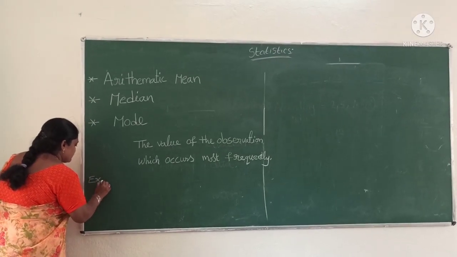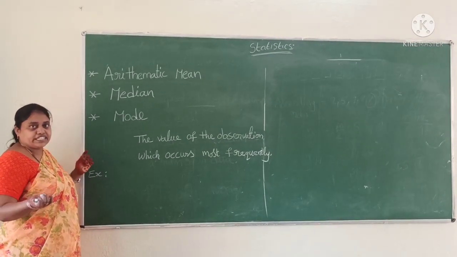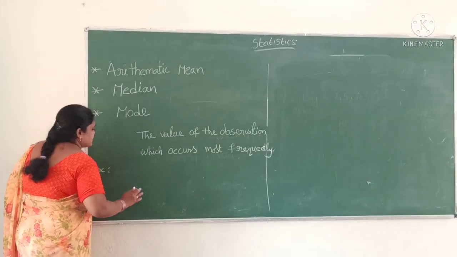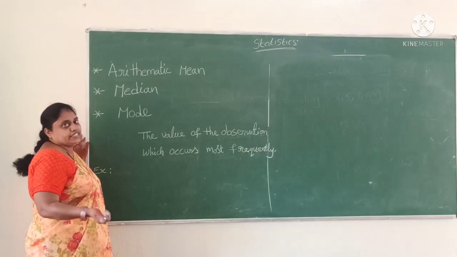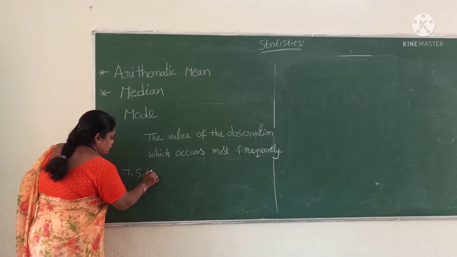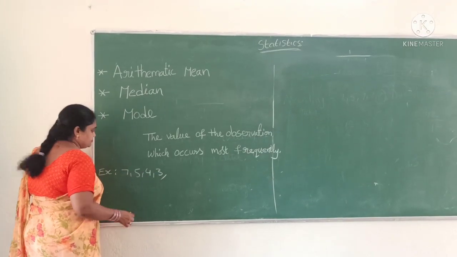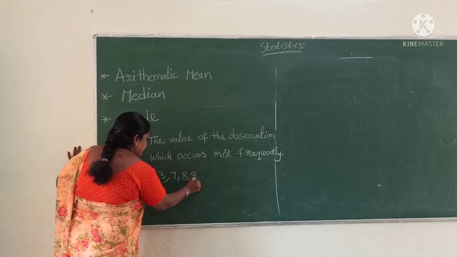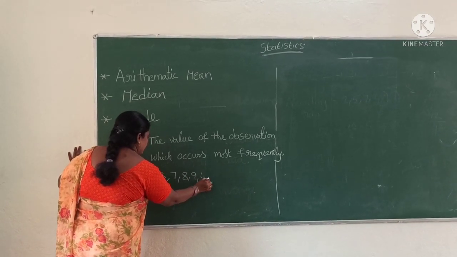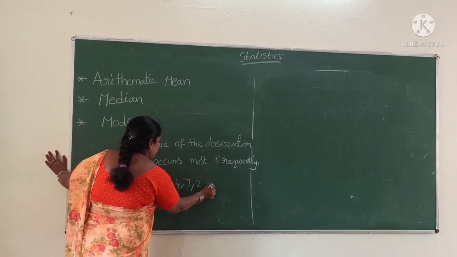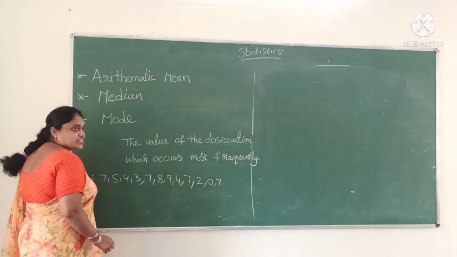If some raw data is given, for example, some students got marks in a test like this: 7, 5, 4, 3, again 7, 8, 9, 4, and 7, 2, 0, and 7.